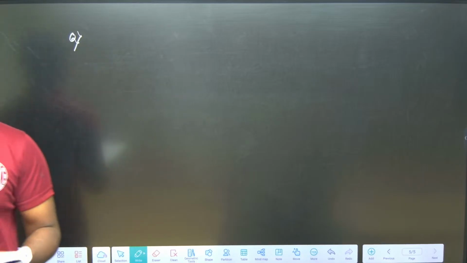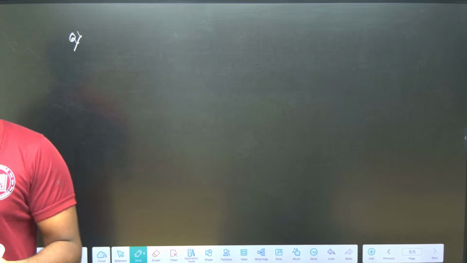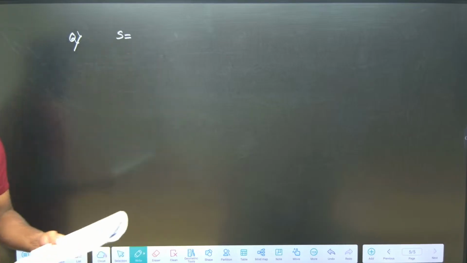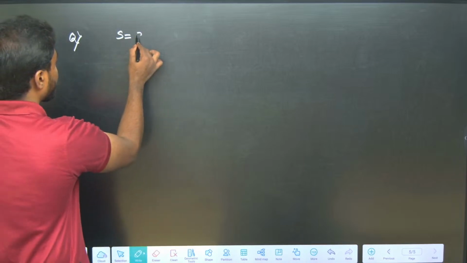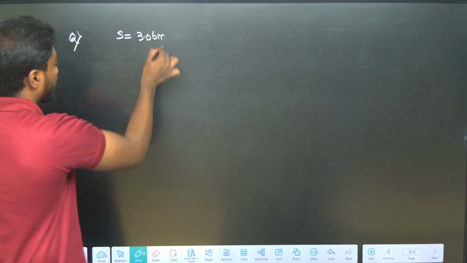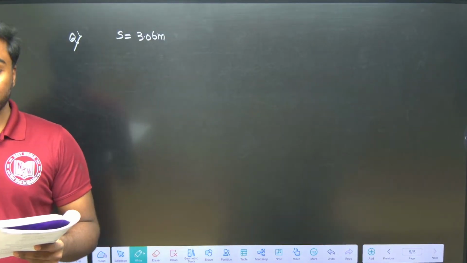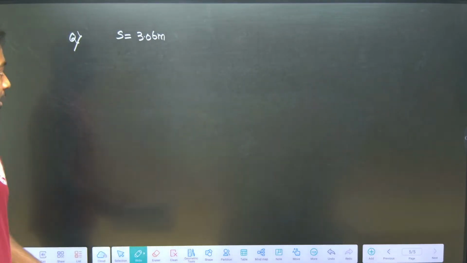The average velocity of a body moving with uniform acceleration, traveling a displacement S is equals to 3.06 meter, is 0.34 meter per second. Like displacement has been given and velocity has been given.